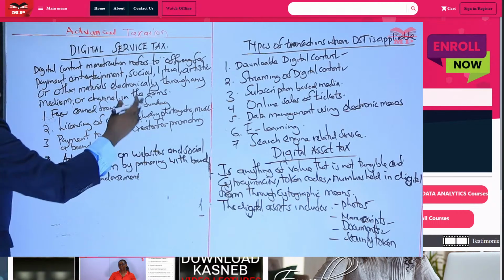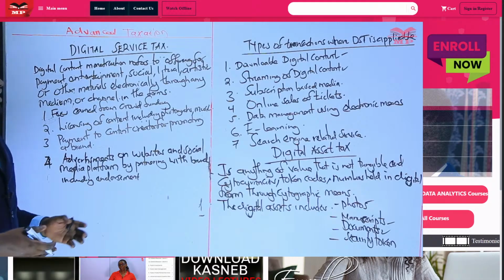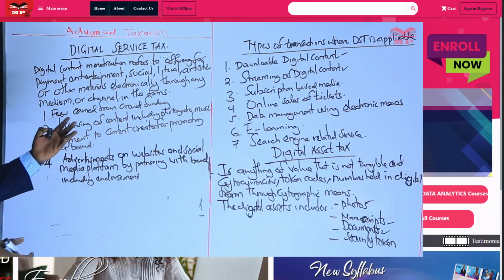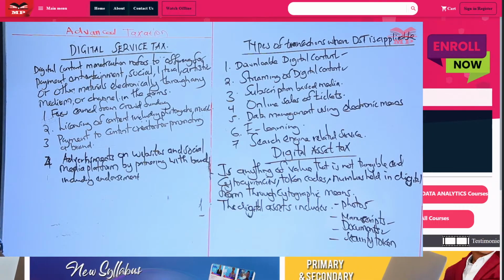So these forms come in advertisement on websites and social media where you partner with the brand, or payment to a content creator for promoting a brand.